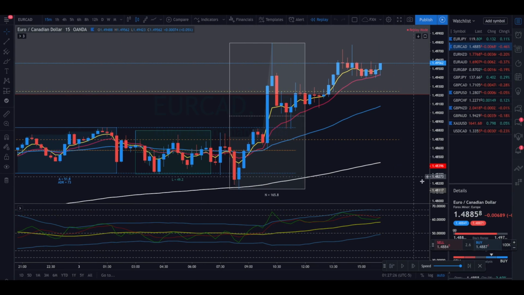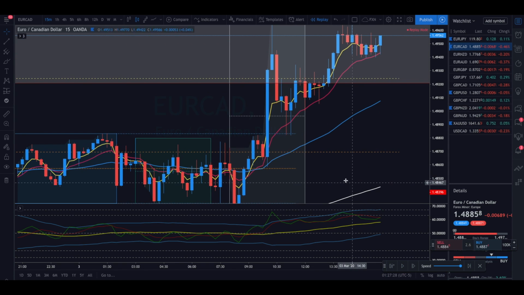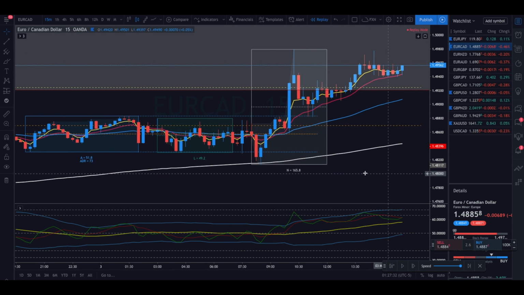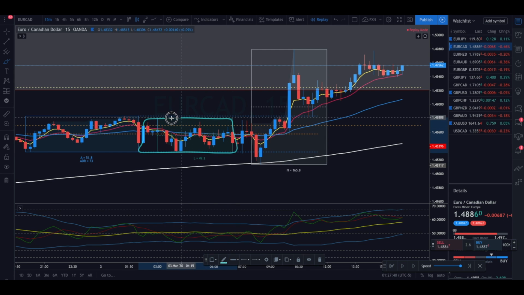All right, so the second trade we got was Euro CAD, and it's a very similar move. Look, the same thing: price moving straight sideways, doing absolutely nothing. You're not going to get a setup when price is behaving like this.